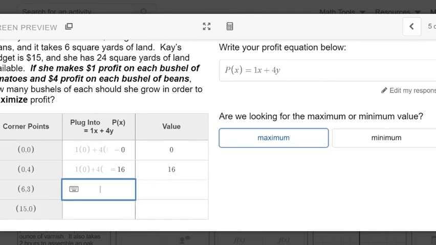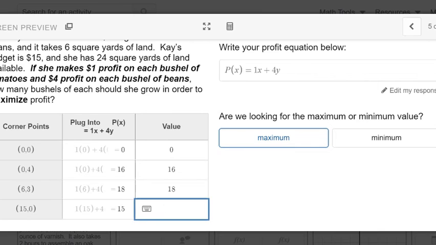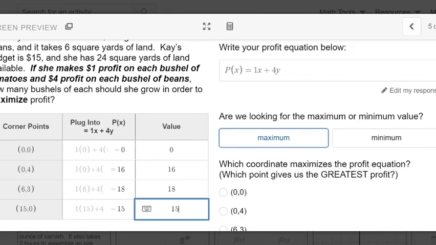Let's see here, if she makes $1 for her 6 tomatoes, plus $4 for her 3 beans, she will make $18. And lastly, $1 for 15 tomatoes, plus $4 for no beans, she will make $15.